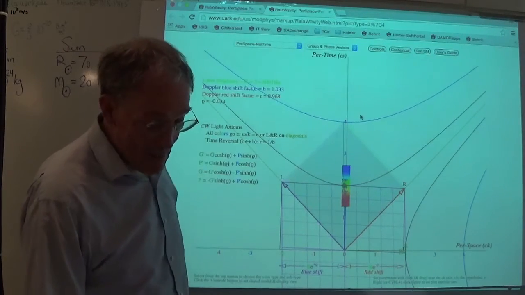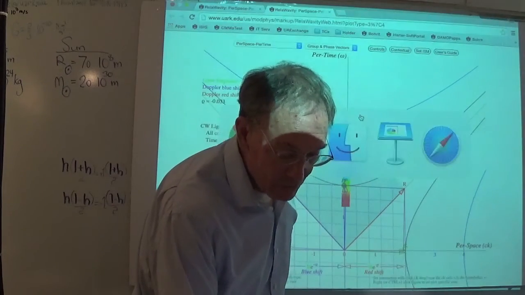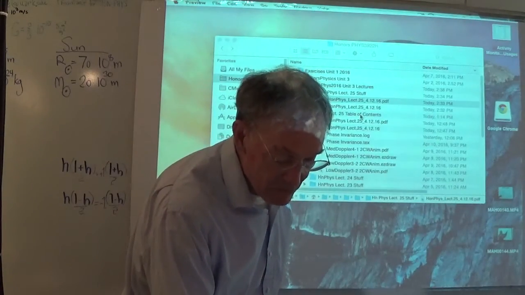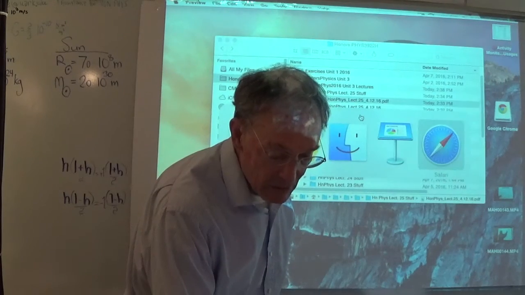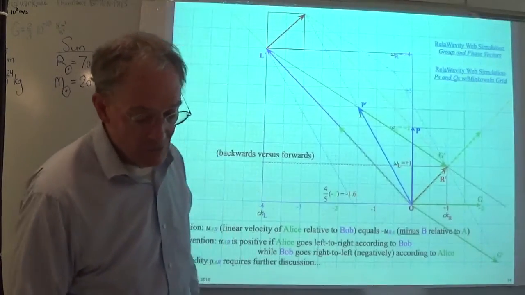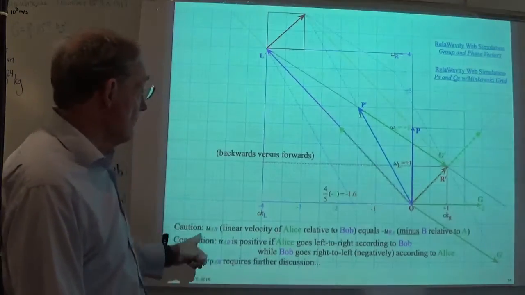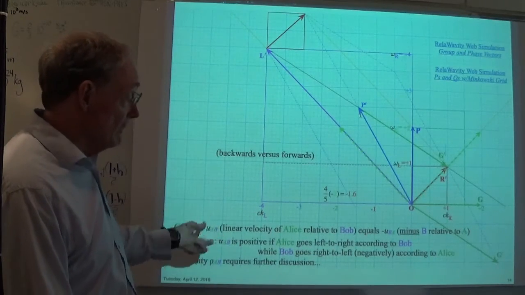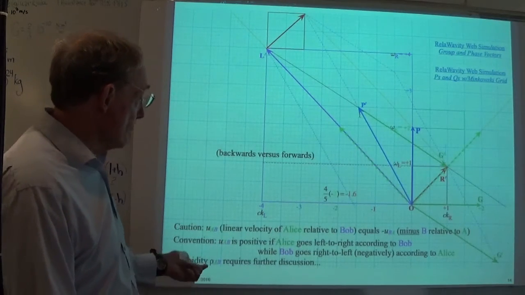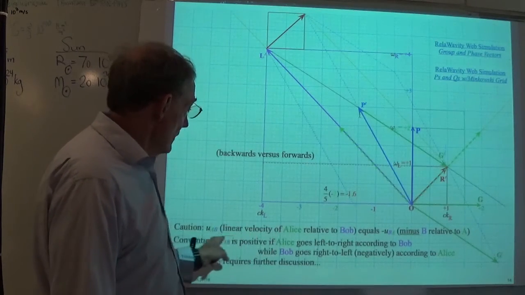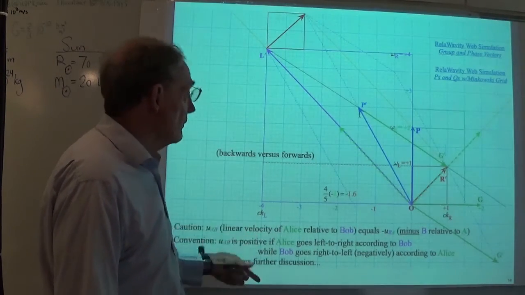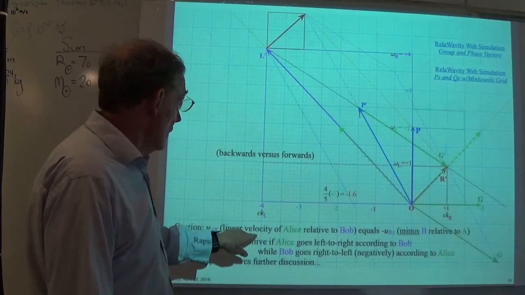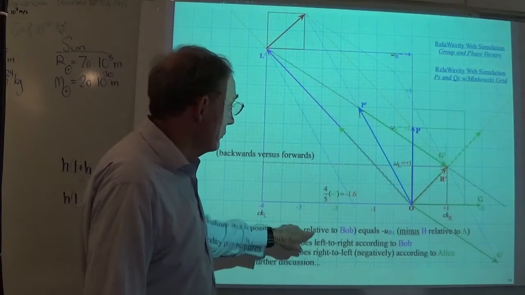All right. Let's get back to the, whoop, don't want to go back to the Finder, I want to go back to the graph. Okay, now this is something we have to really discuss later, but basically when you're talking about a relativity parameter, the linear one, linear velocity, that's UAB. That means, for our notation, this is not something you see in the usual text, linear velocity of Alice relative to Bob.